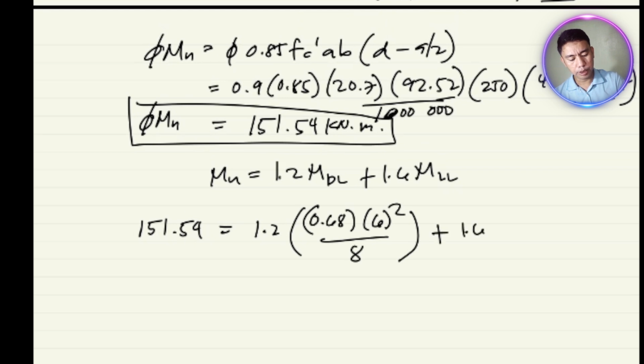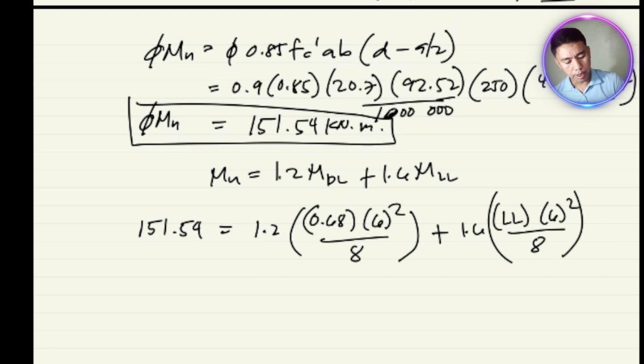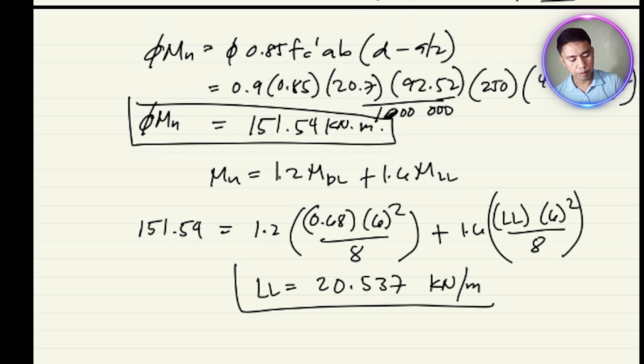Plus 1.6 times live load multiplied by 6 squared over 8. Then, using a calculator, we can solve live load is equal to 20.537 kilonewton per meter.